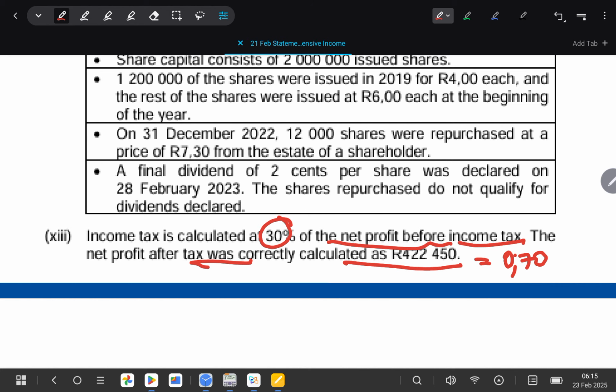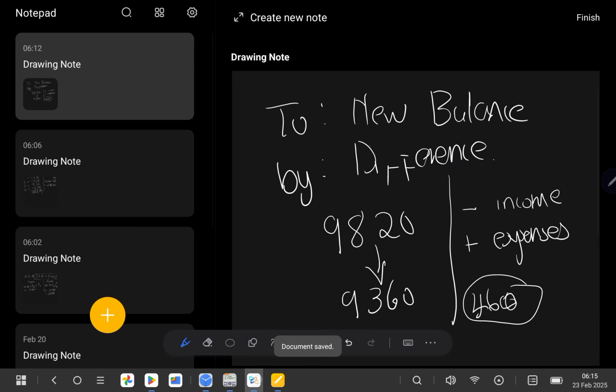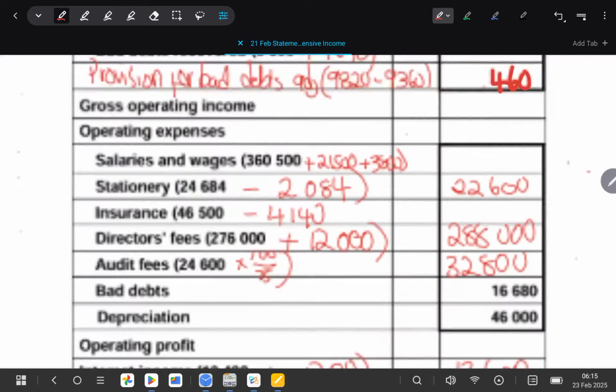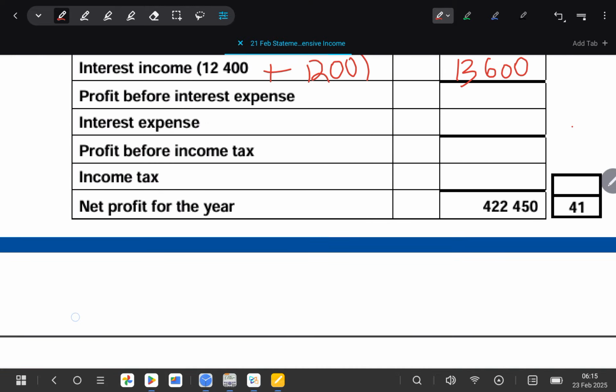So let's check here. On the answer book they've already recorded the after tax for you. So you want the income tax. So we are going to use the UK method. Remember, you'd say 30 out of 70 multiplied by 422,450, and then it will give you the amount.